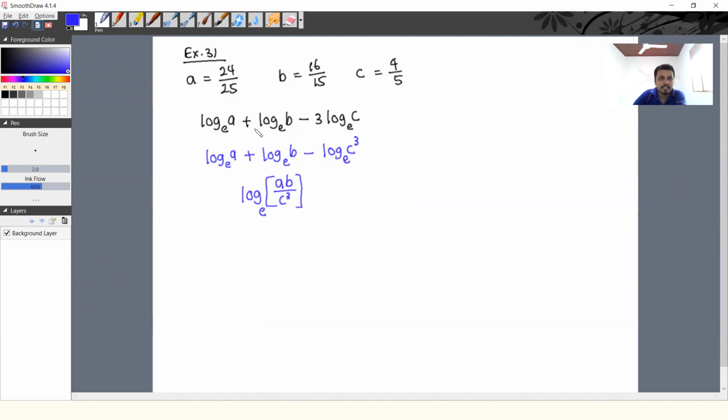Now we can substitute these given values.